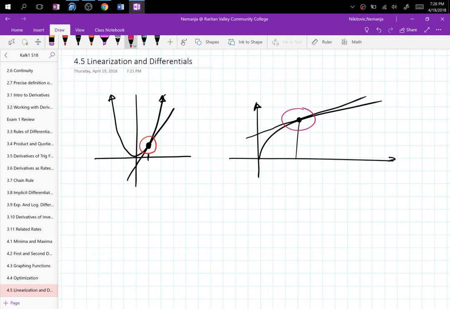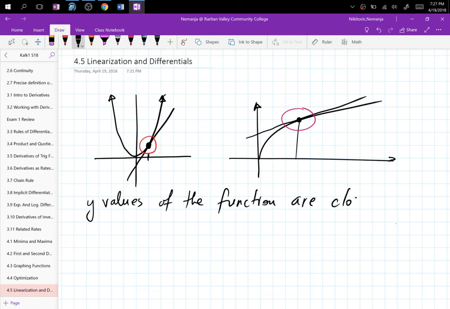Apparently there is an issue with the stream, so this might not be on a video, so take your notes. So what we are gaining here is that y values of the function are close to y values on the tangent line.